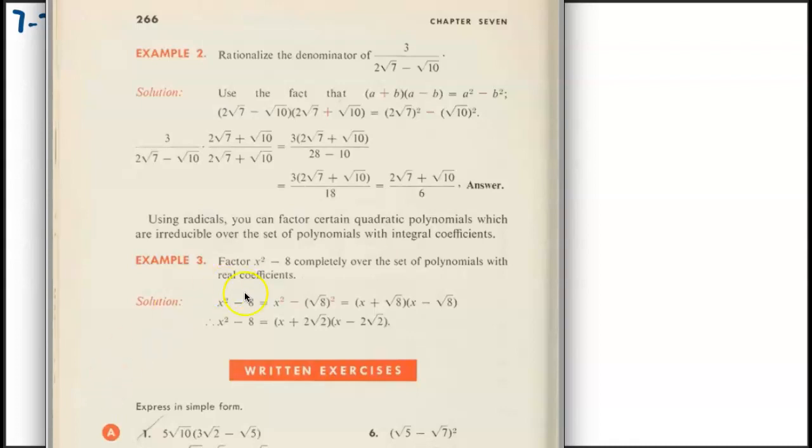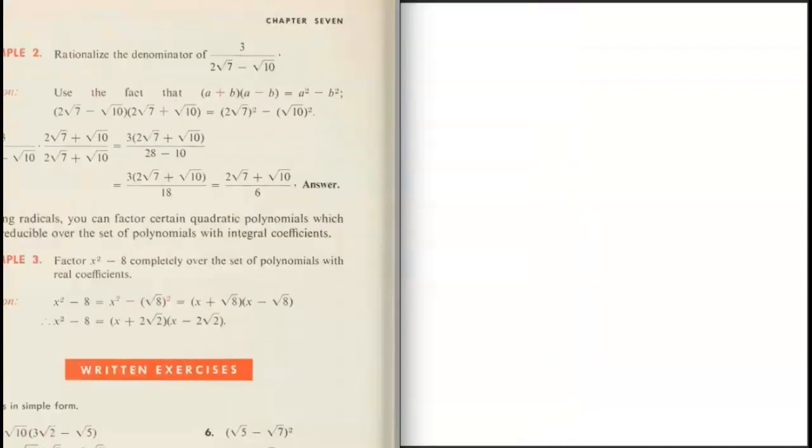Okay, so let's see what was done here. X squared minus 8 equals x squared minus the square root of 8 squared. Okay, now, how can we do that? Well, let's stop and think for a moment. I think we're making use of our difference of squares. Okay?